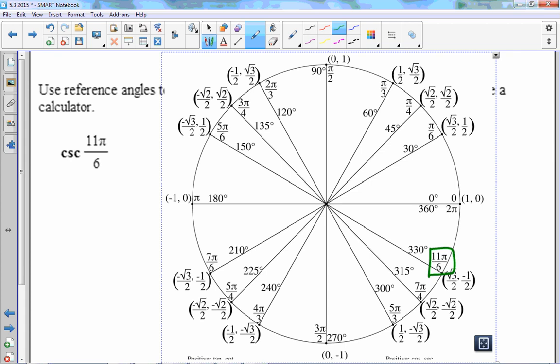How do we get the cosecant of sine? And which one is sine? Y. So it wouldn't be negative 1/2, but it would be the reciprocal, which would be negative 2. Okay?